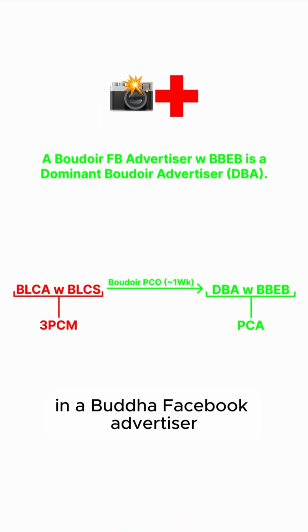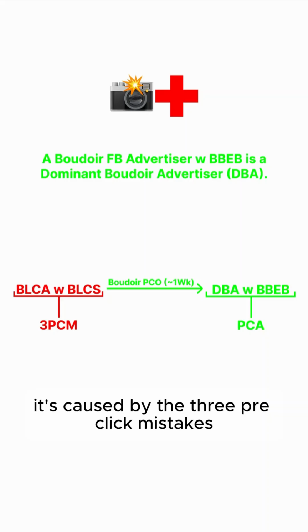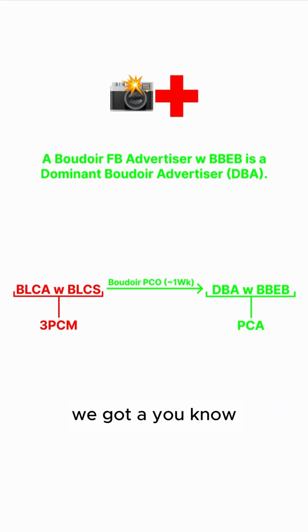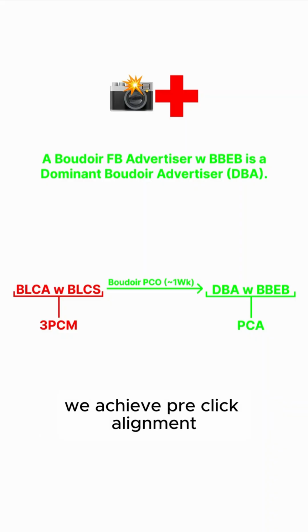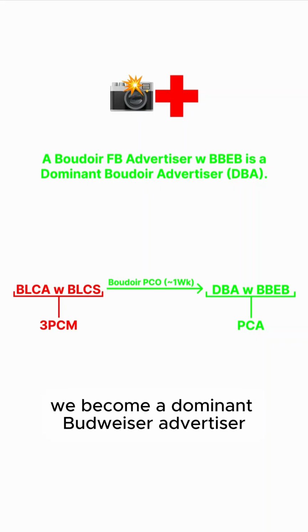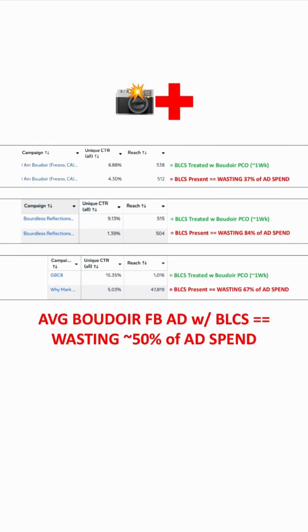And a Boudoir Facebook advertiser with Boudoir brain entry boost is a dominant Boudoir advertiser, a DBA. So this is our universe. We got BLCA with BLCS. It's caused by the 3 pre-click mistakes. We get treated with Boudoir Pico, which takes about a week. We achieve pre-click alignment. We become a dominant Boudoir advertiser with Boudoir brain entry boost.